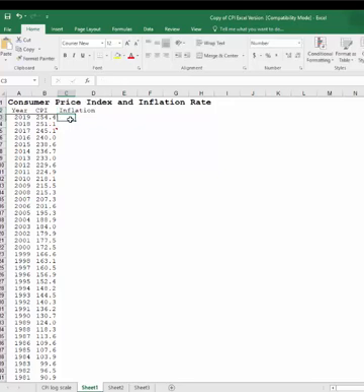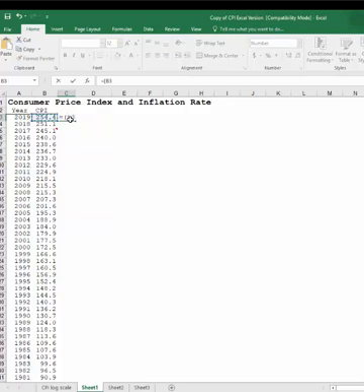Then we can't calculate it for years past, but the inflation rate for 2019 is simply the percentage change in the CPI from 2019 compared back to 2018. So the way you do that is you just take the difference in the two numbers.